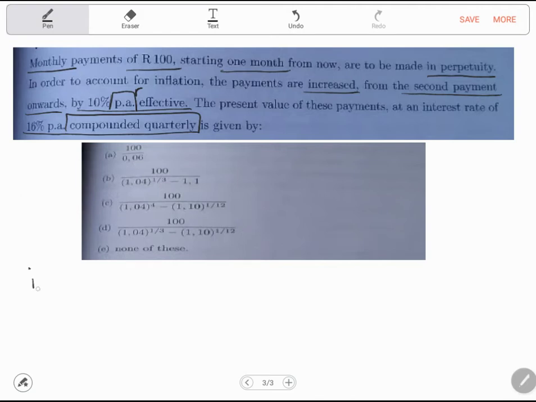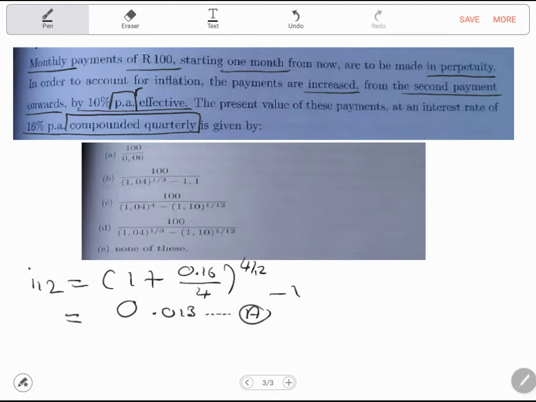So let's work out a monthly growth rate and a monthly effective interest rate. We're looking for i12 first. It's 1 plus 0.16 over 4, to the power 4 over 12, minus 1. You will get about 0.013.